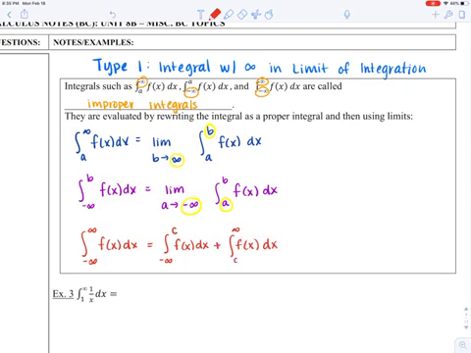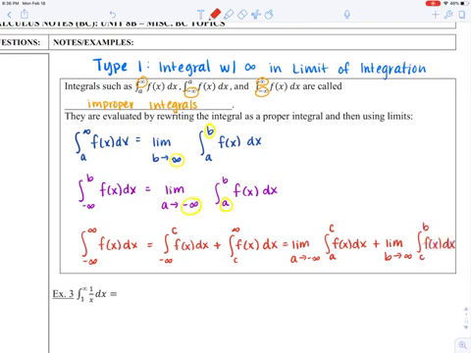Once you have split these, we can turn it into our two cases. We can say the limit as a approaches negative infinity, integral from a to c of f of x dx, plus the limit as b approaches positive infinity, integral from c to b of f of x dx.